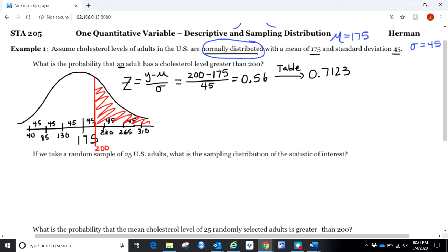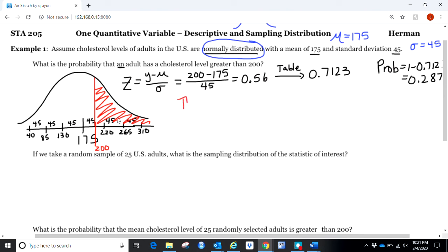But recall that our table always reads what's to the left of that number, and our picture here is shaded to the right. So to find my probability, I'm actually going to have to use that 1 minus rule, giving us a probability of 0.2877.